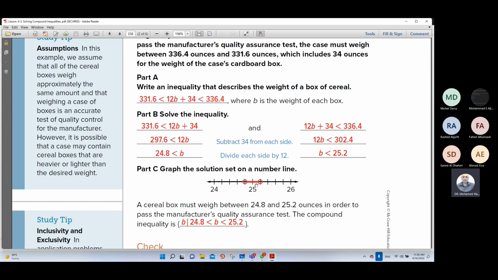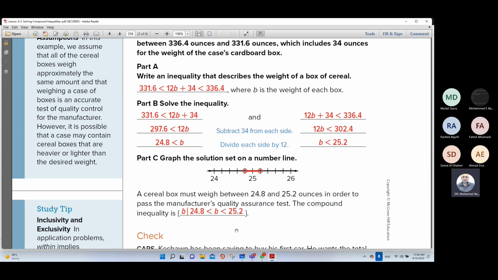Then the common area between the two points will be the intersecting solution, or the common solution. And we can write the set of solution: B such as B will be greater than 24.8 and less than 25.2.